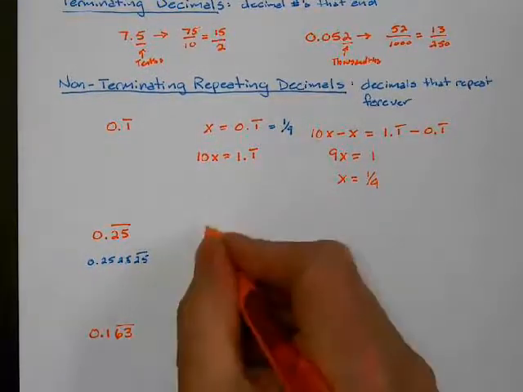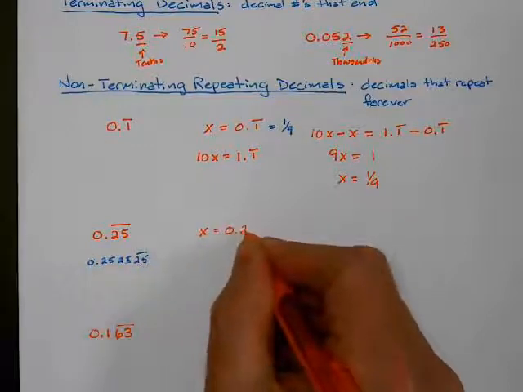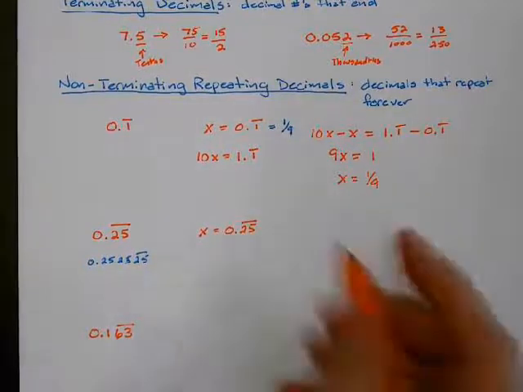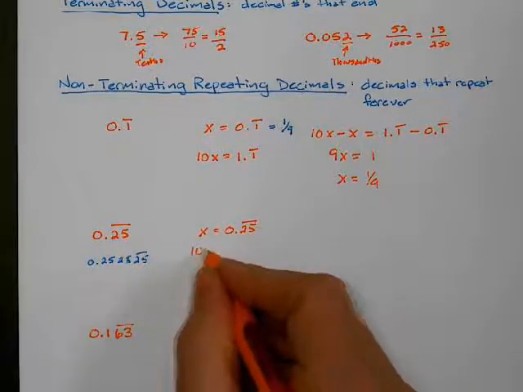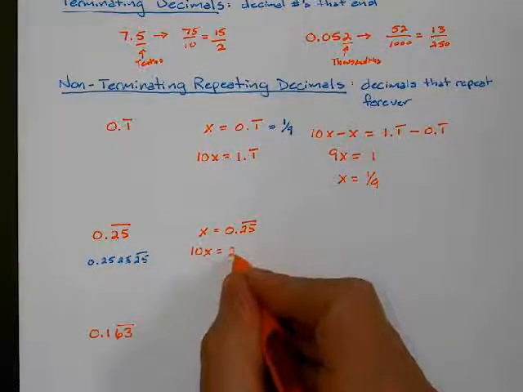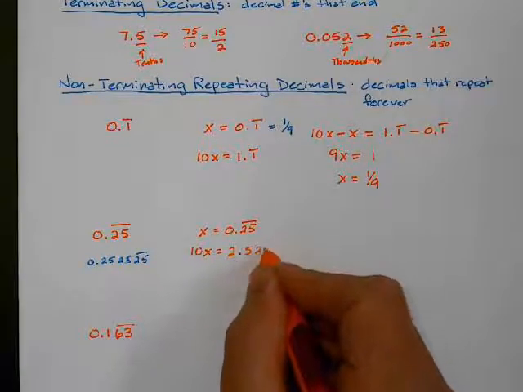We're going to say that x is equal to 0.25 repeating. And we can write that 10x, if we move the decimal over, we get something weird here. We get 2.525 repeating.